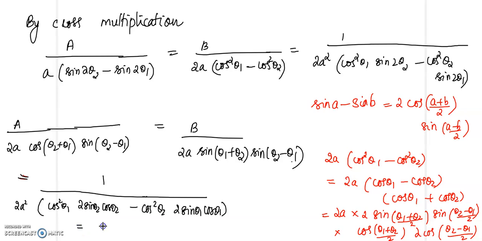So this will be equal to 1 by, taking outside 2 cos theta 1 cos theta 2, so we will get 4a square cos theta 1 cos theta 2. So remaining we will have sin theta 2 cos theta 1 minus sin theta 1 cos theta 2. So that will be sin (theta 2 minus theta 1). So this is going to be the simplified form of the third term.